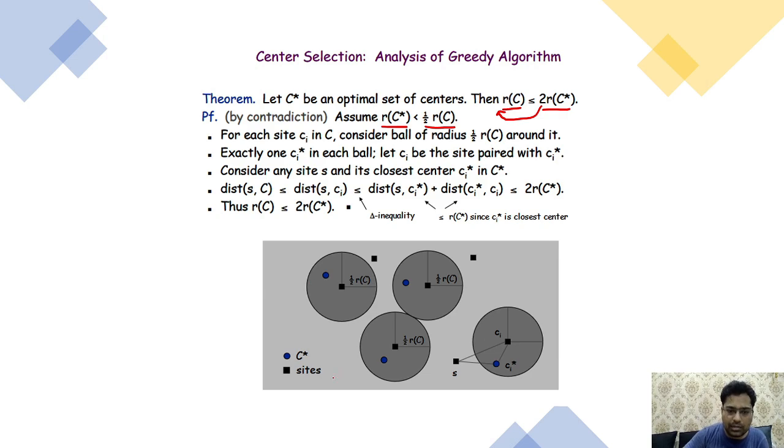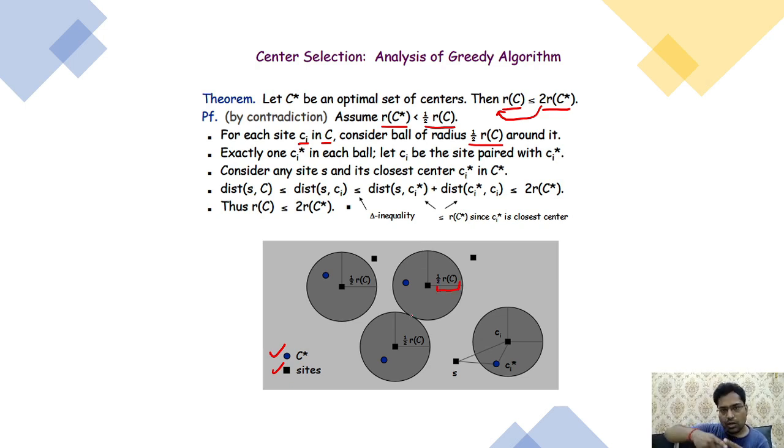Next, as in the example, C star represents the set of optimal centers, and this represents the number of sites. Clear. Next, for each site Ci in C, consider a certain range or coverage, said to be balls here, but you can say coverage, with radius half of this R(C).